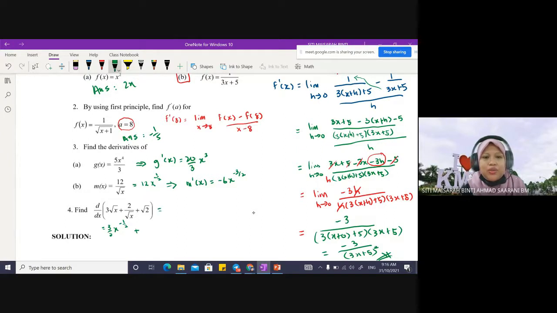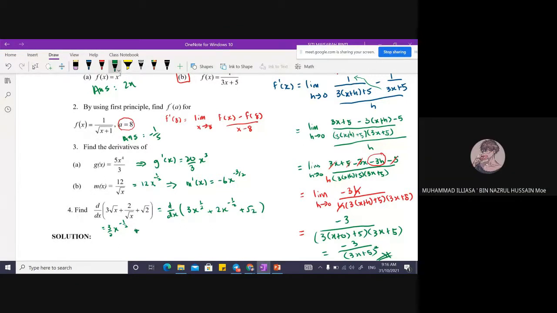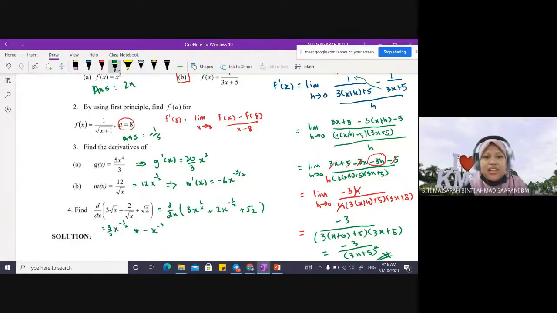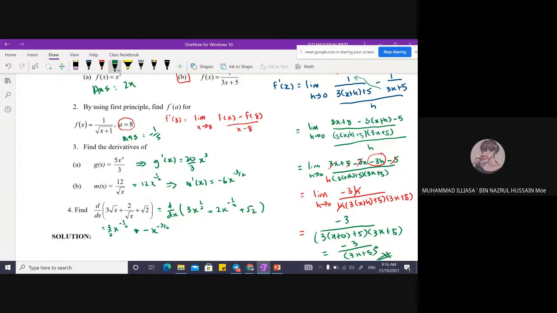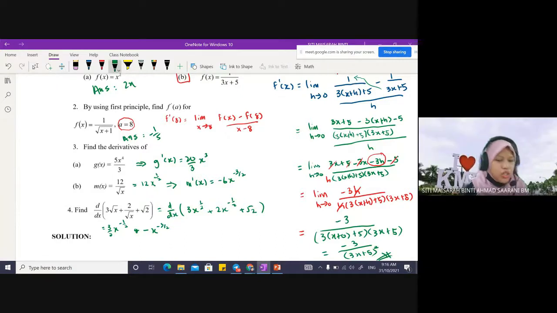Ini dia menjadi 3X kuasa 1/2 tambah 2X kuasa negatif 1/2 tambah sek 2. Yang pertama betul lah. Yang kedua negatif X power negatif 3/2. Okay. Dan differentiate sek 2, last kali kosong. Alright. So inilah dia punya jawapan dia. Betul lah? Okay. So habislah lecture 1 kita exercise.